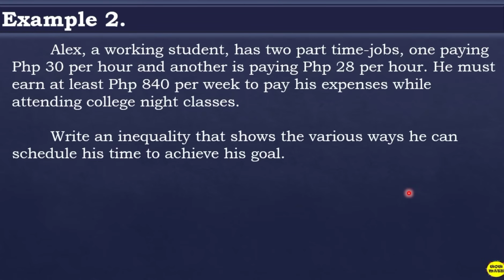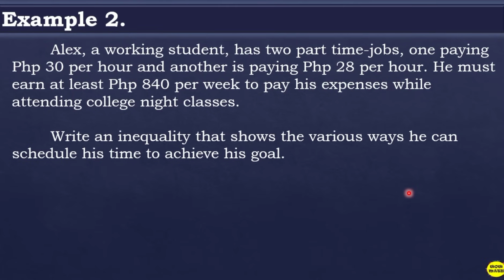Alex, a working student, has two part-time jobs. So, yung isa one paying 30 pesos per hour and another is paying 28 pesos per hour. He must earn at least 840 pesos per week to pay his expenses while attending college night classes.